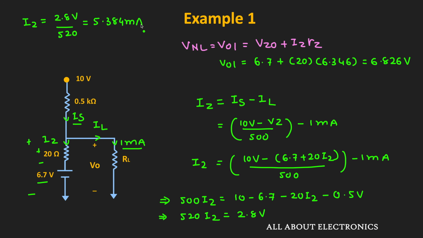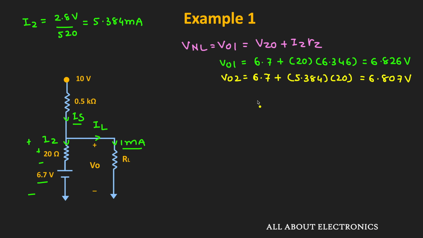5.384 milliampere. From this we can say that the output voltage VO2 is equal to 6.7 volt plus Iz, that is 5.384 times 20, and that is equal to 6.807 volt. In this way we got the values of VO1 and VO2. We know that the load regulation can be given as delta V out divided by delta I out.